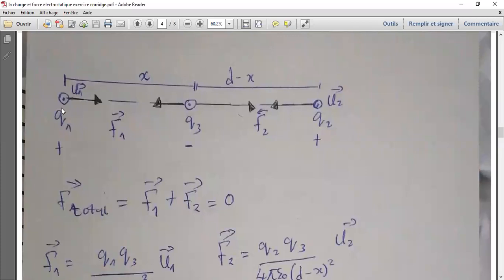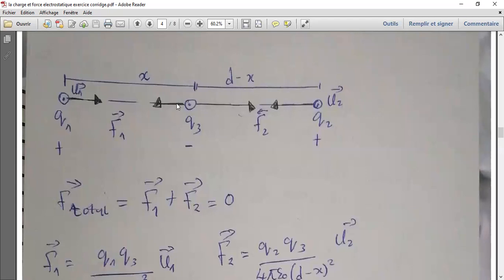The forces are exerted by Q1 on Q3 and by Q2 on Q3. Since Q3 is negative and Q1 is positive, Q3 is drawn to Q1. And the force from Q2 on Q3 also draws Q3 to Q2, because Q2 is positive and Q3 is negative.